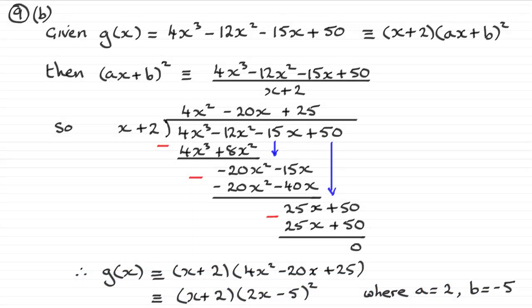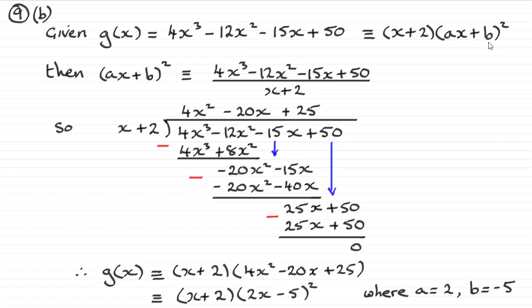So for 9 part B then, we've got to show that g of x can be expressed in this form. And in the previous section, I showed you another way of doing this, the inspection method. So if you haven't seen that already and want to try that out, do go back in this video.